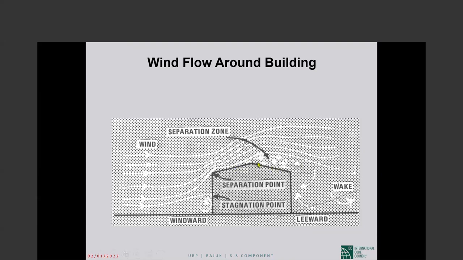On the leeward roof, we can have pressure rather than suction. If it is a long leeward roof, then it is possible that after a while you will have pressure on the leeward roof. But most of the time, except on the windward face, we will have suction on all the other faces, including windward roof and leeward roof.